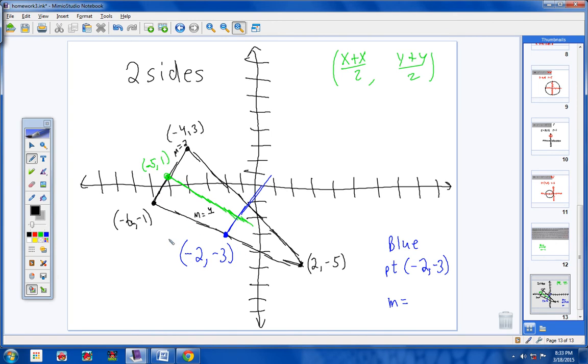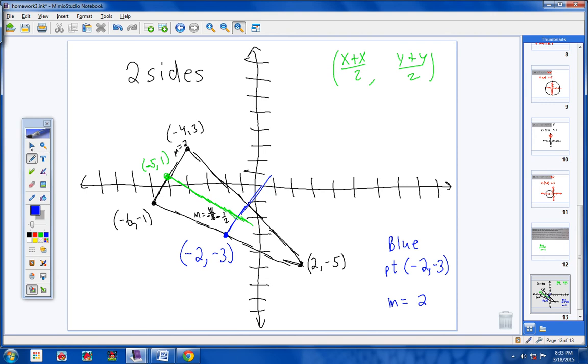Now, x minus x, negative 6 minus 2. That's negative 8. So if you reduce that, the black slope is negative 1/2. So if the black slope right here is negative 1/2, then the blue slope would be a positive 2. Flip the fraction 2, change the sign.